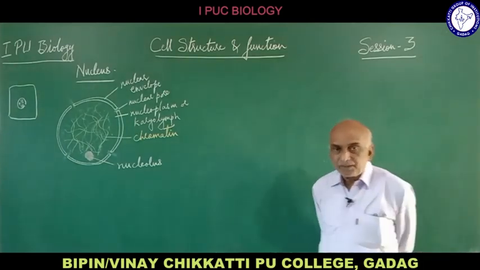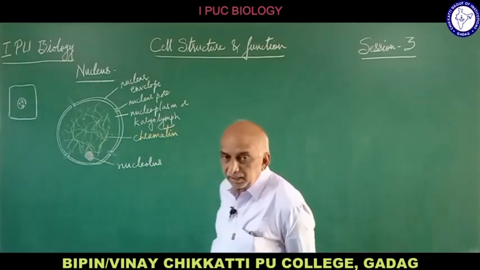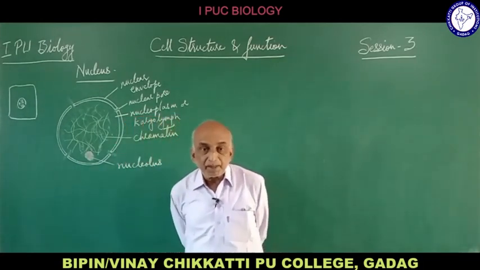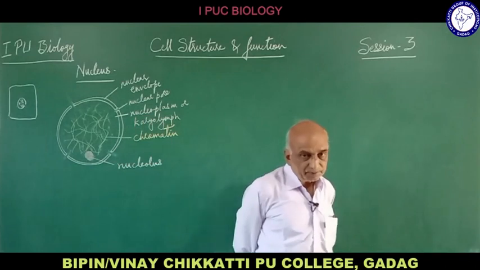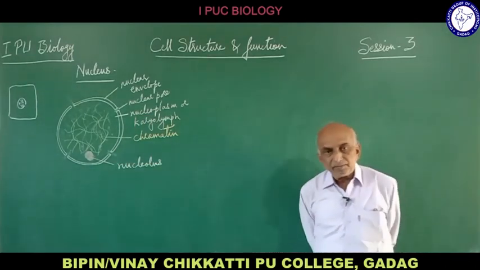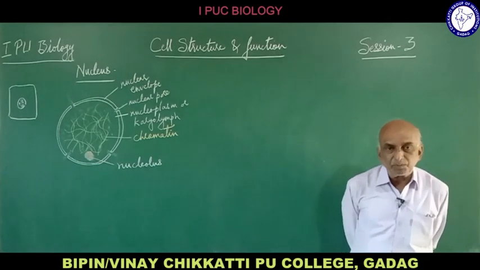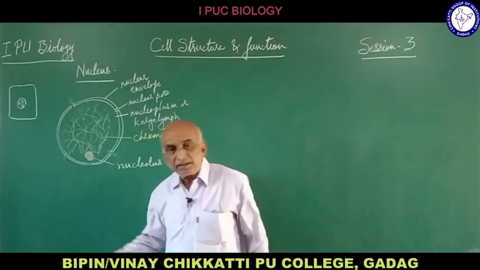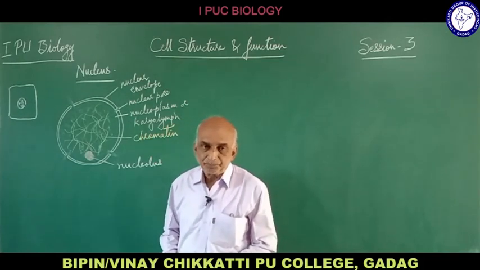In paramecium, one nucleus is larger and another is smaller, so that is why it is called the macronucleus and micronucleus. Usually the macronucleus is kidney shaped and the micronucleus is small and spherical in shape. That is the shape of the nucleus.